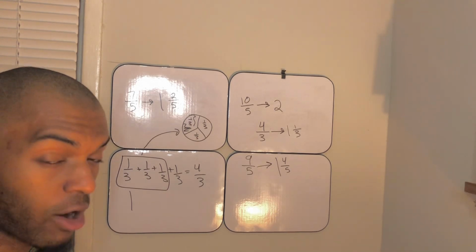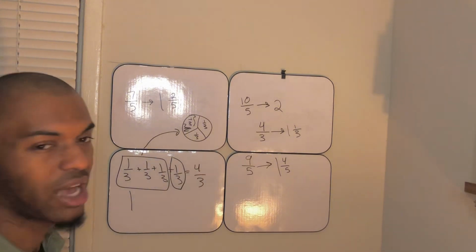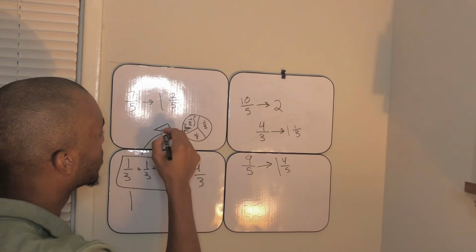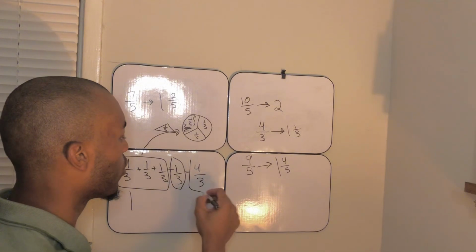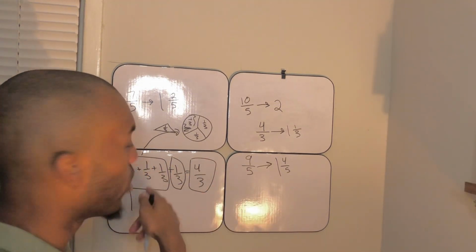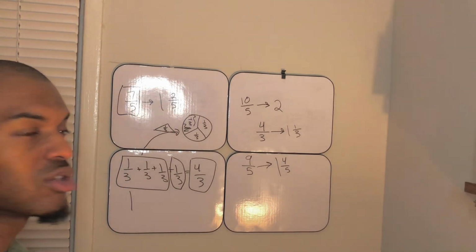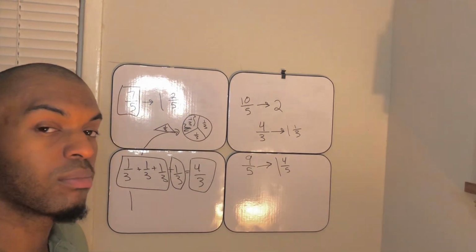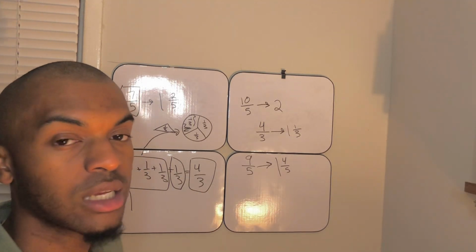But if we got another, let's say we don't have a full pie, but we got just another 1/3 over here, that's how you get stuff like 4/3. What 4/3 is telling you is that we got 4 1/3s. In this situation, 7/5 is telling you we got 7 1/5s. That's really gonna be important to conceptualize as you're working with these mixed numbers and improper fractions.